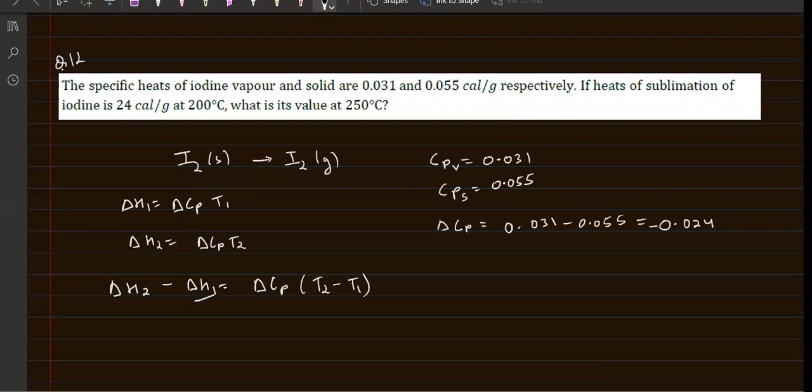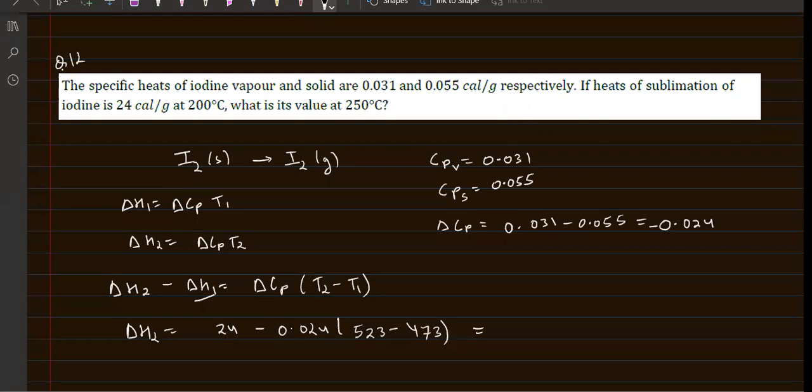So if you calculate, delta H2 would be, now delta H1 is already given, which is 24, right? Now delta Cp is 0.024 and T2 is 250 plus 273, so 523, minus T1 which is given as 200, which is 473. Can you calculate? After calculation, this would be the answer.